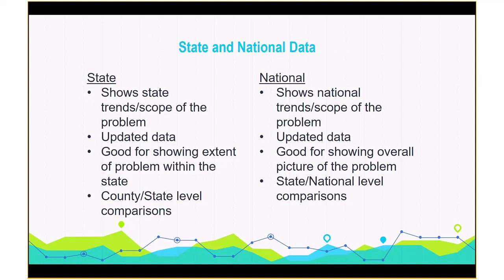National data shows national trends or scope of the problem. The data is updated, and it's good for showing overall picture of the problem at the national level. It can be used to do state and national level comparisons, recognizing that states vary differently from one another.